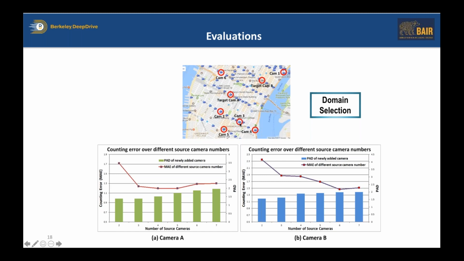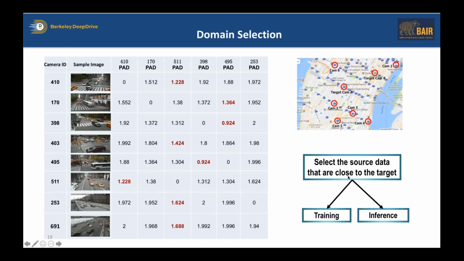So such observation inspires us to do domain selection, which means we want to select the source data that are closer to your target data. Such selection can be in the training stage or in the inference stage.